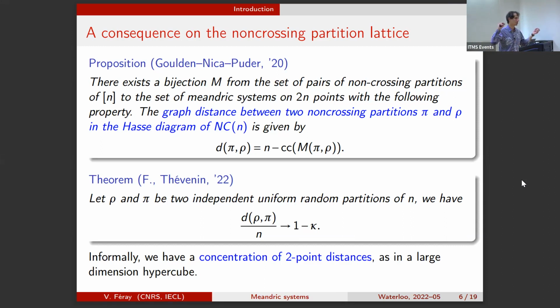In a hypercube of dimension d, you take two vertices at random, they are roughly at distance d over 2. Somehow this says that asymptotically, the geometry of the high dimension hypercube has some commonality with this Hasse diagram of NC of n. Okay, so that's the end of the parenthesis on the Hasse diagram of non-crossing partitions.